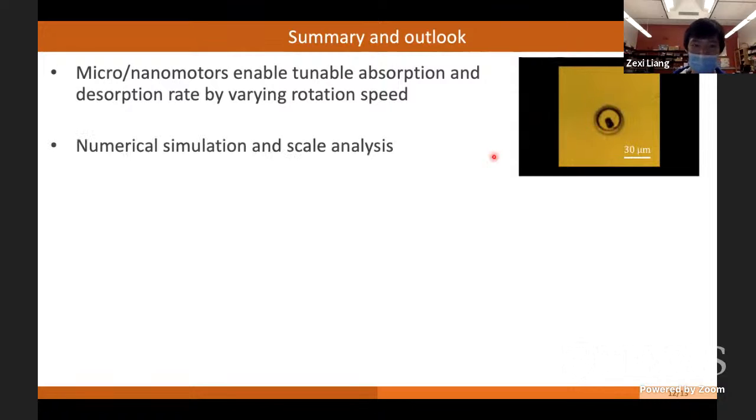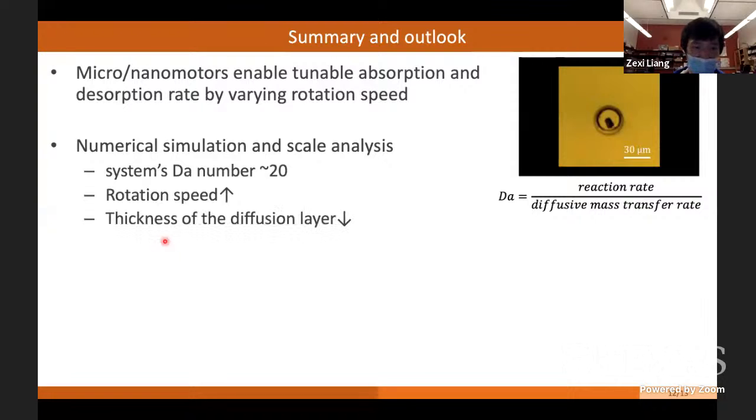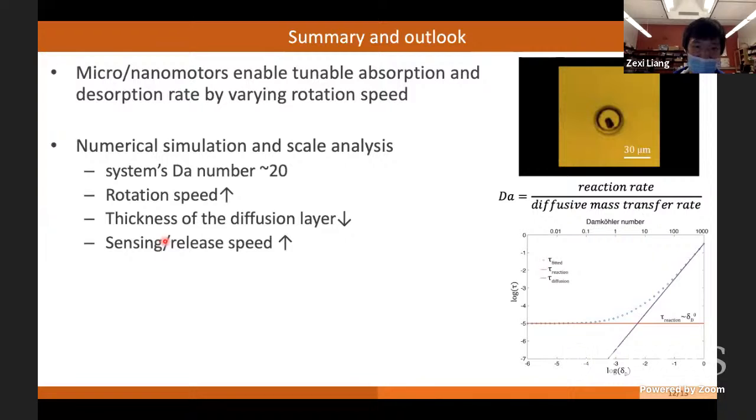We have done the numerical simulation and scale analysis, which gives us a non-dimensional number, the biomolecule number, that tells us the relation between the reaction and diffusion. For our system, currently we have a biomolecule number of roughly 20. So as rotation speed increases, we can further decrease the diffusion layer and achieve higher sensing or release speed.